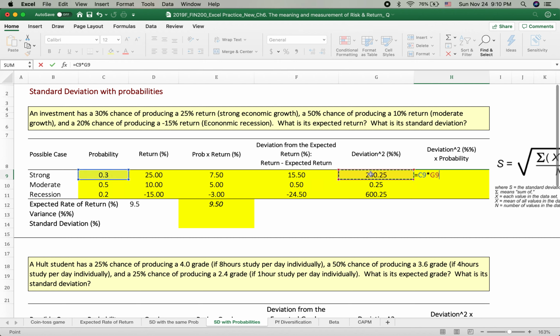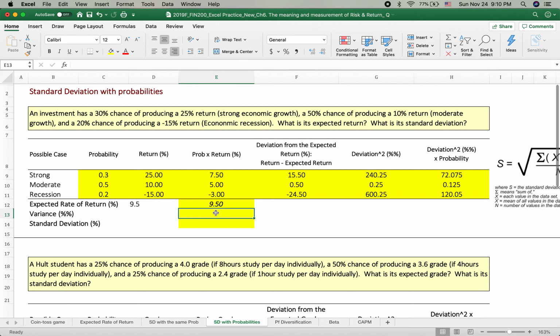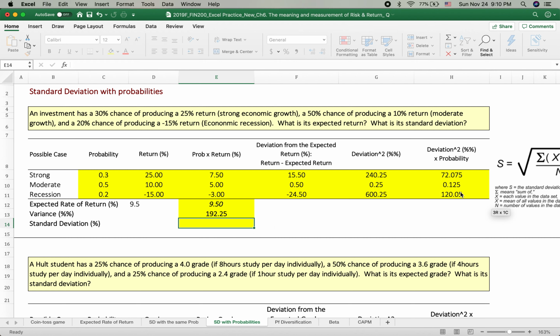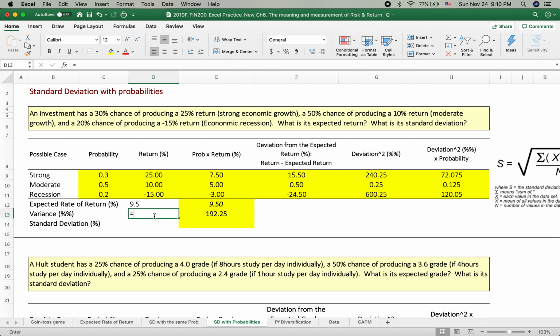We apply each probability to each squared deviation, and the same way in each case. Then we sum up this variance like this. So 192.25% is the variance.